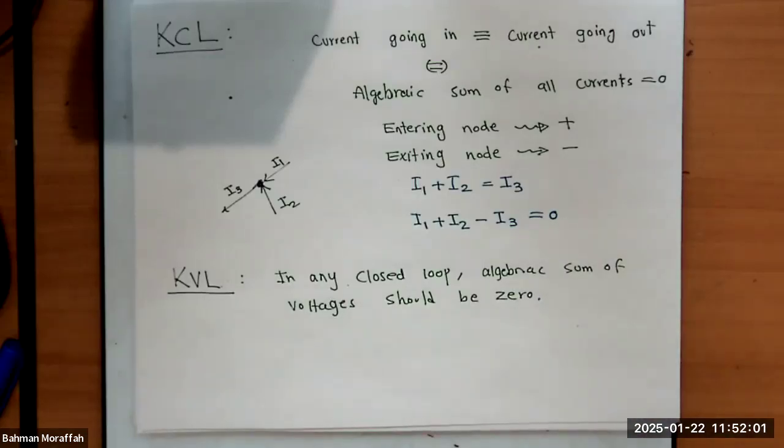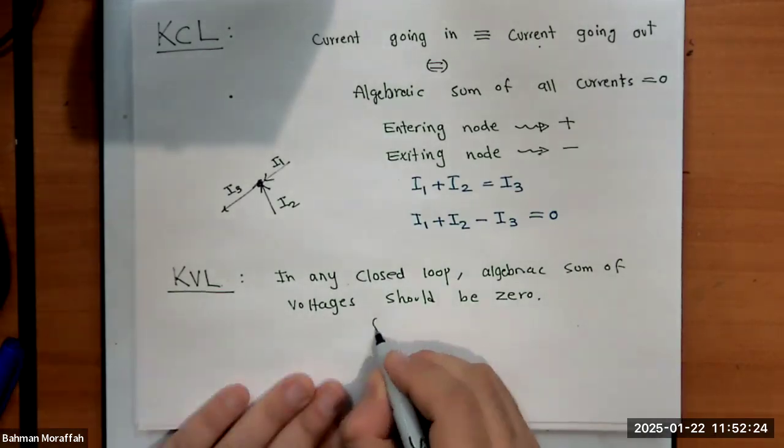Again, we talked about algebraic sum. It means that there should be some sign. So let's just have our convention. Again, does not really matter. We're going to stick to this convention. If we're looping around, and if we hit the positive sign, let's just say that voltage is positive. If we're hitting the negative sign, we're going to think of it as a negative voltage.